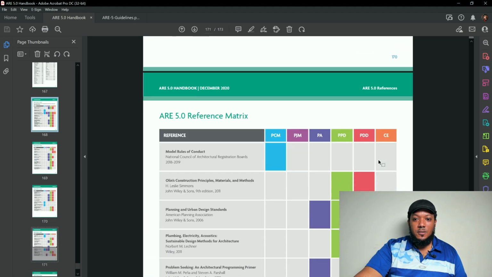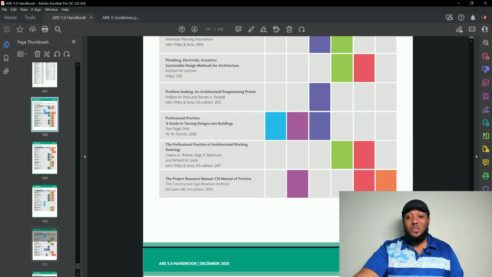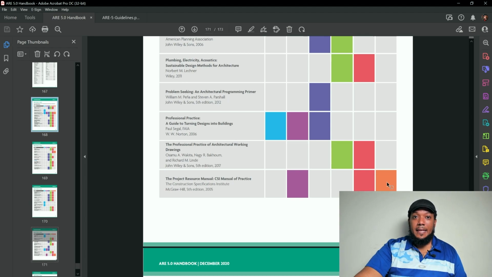But there's also the Project Resource Manual, or CSI Manual of Practice. I found that really helpful because I didn't know about bidding, and there's a lot of important bidding information there, especially thinking about public projects. Knowing those nuances is really important because it's going to ask you those exam questions. Public project, three contractors, the bidding, one of them is not bonded.